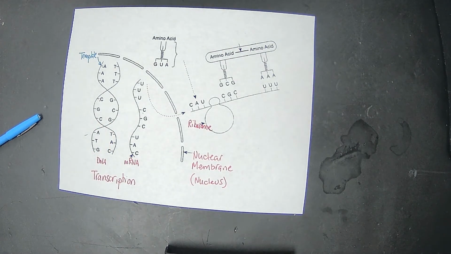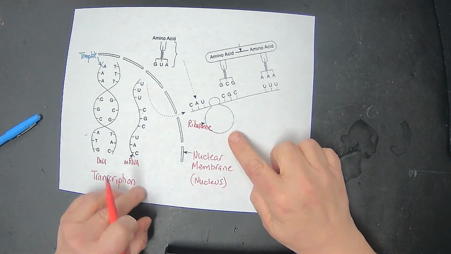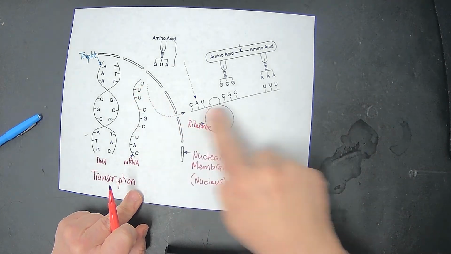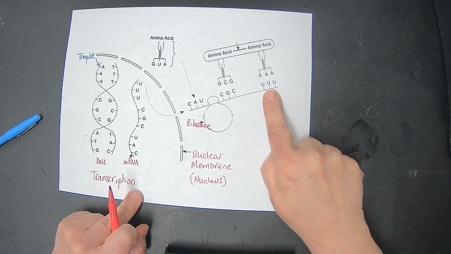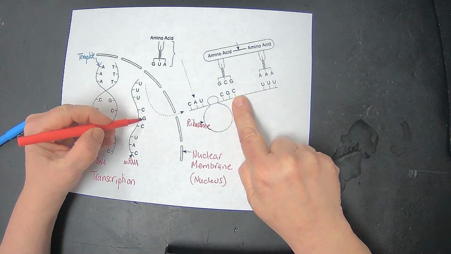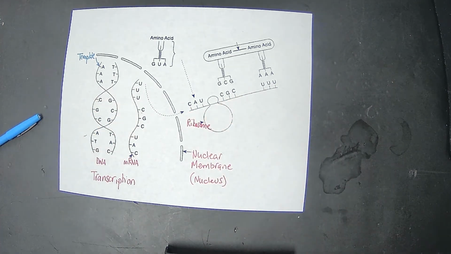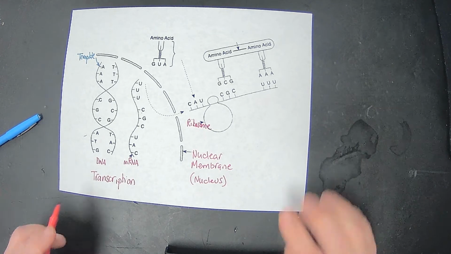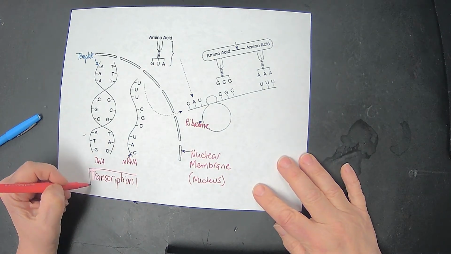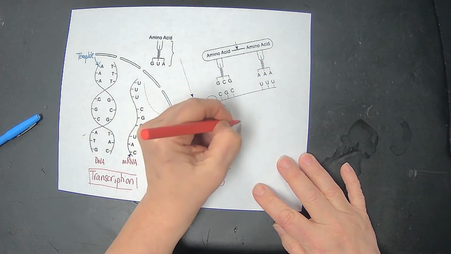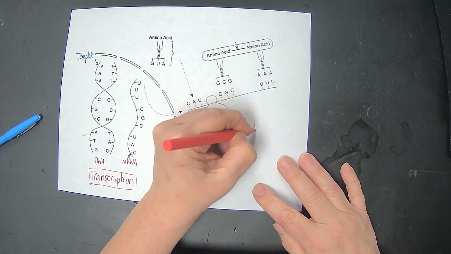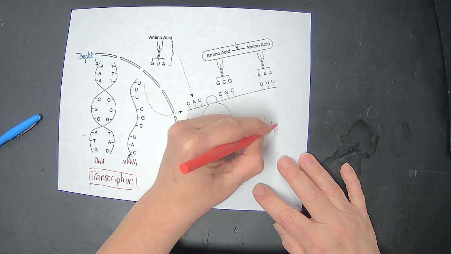And sometimes you just see a shadowy blob. So here it is, UUU is over here, then CGC, and UAC. This was transcription. In the ribosome, we have translation.